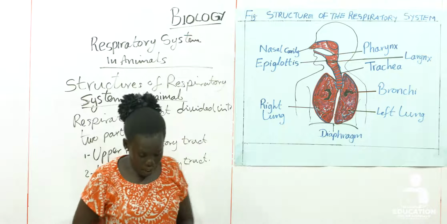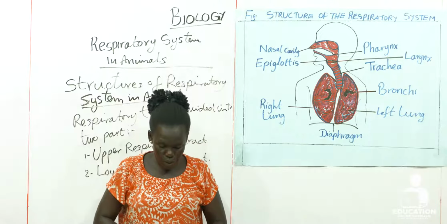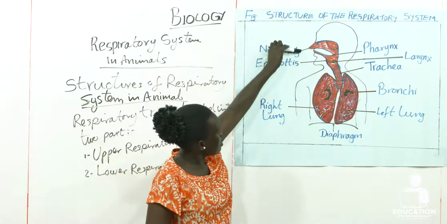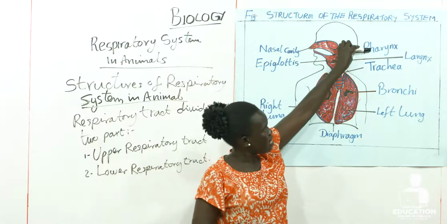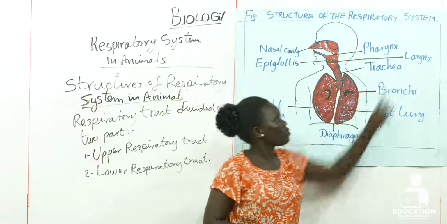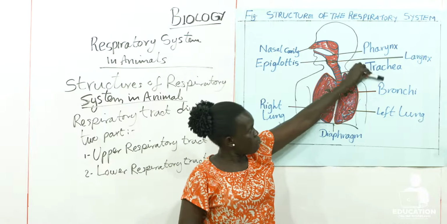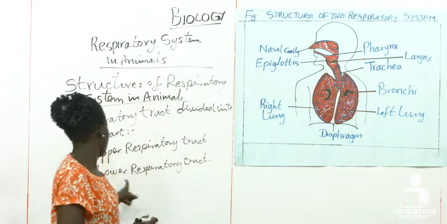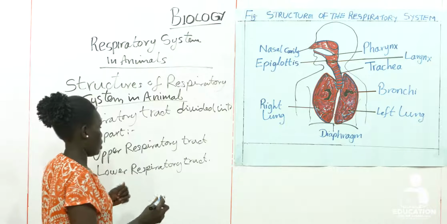So the upper respiratory tract includes the nasal cavity plus the mouth, pharynx and larynx, while the ones starting from trachea, bronchi to the lungs are under the lower respiratory system.